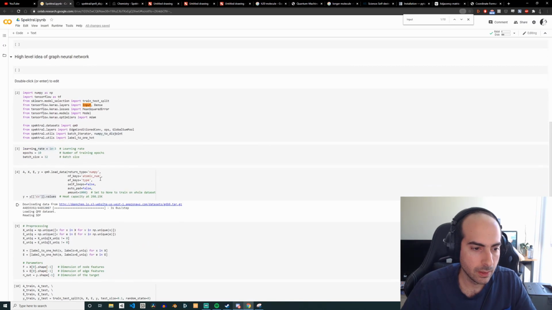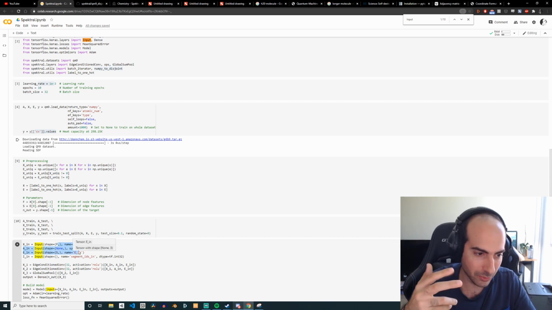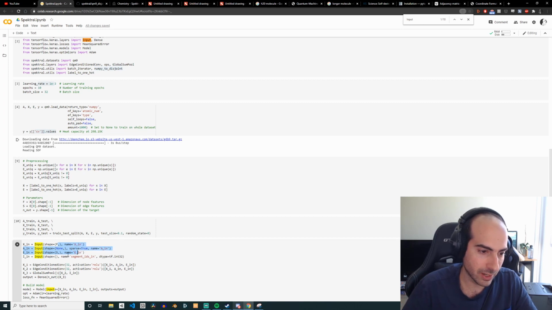Okay. So yeah, typically this would look a bit simpler because you would have one input, but here in this case, because we have 1, 2, 3 inputs, and the segment IDs, so actually 4 inputs, it looks a bit more complicated. We do this edge level conditioned convolution. So this is like the batch number.